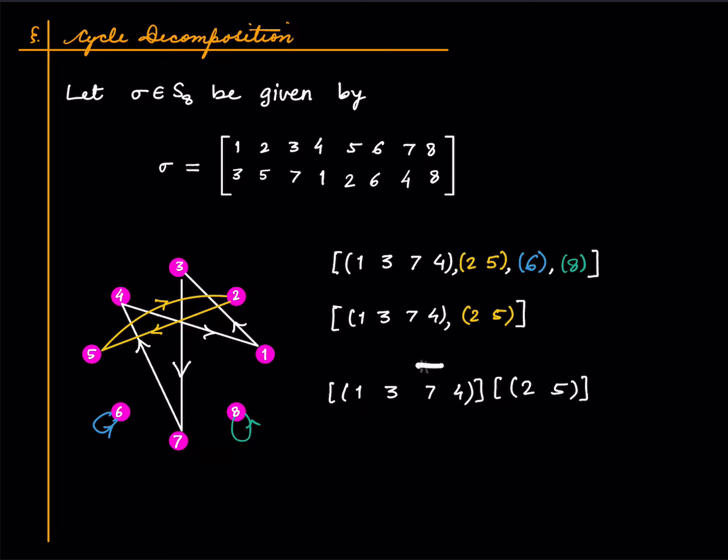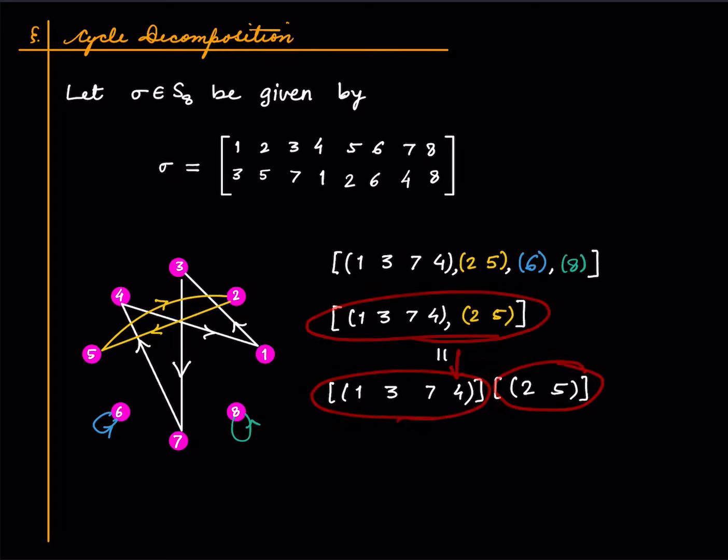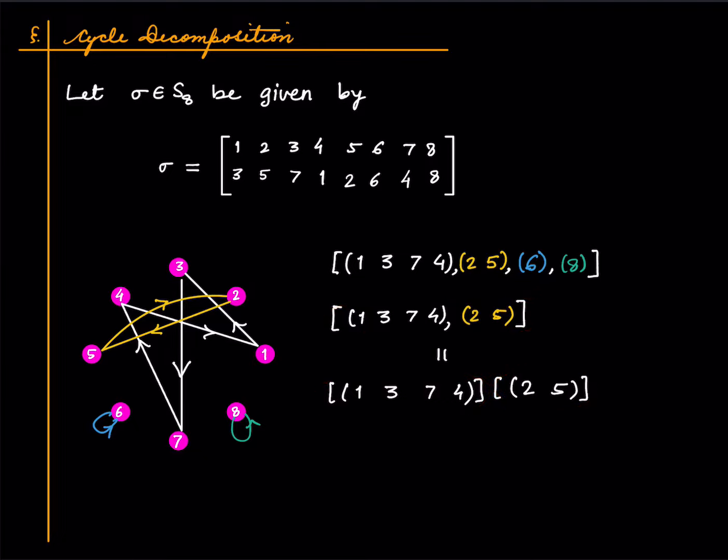It is really the product of these two cycles, or rather these two permutations. This is a permutation, that is a permutation, and this is the product of those. Therefore, we can get rid of these brackets and finally converge upon this notation, that instead of writing all those extra brackets, we just denote sigma in this way.